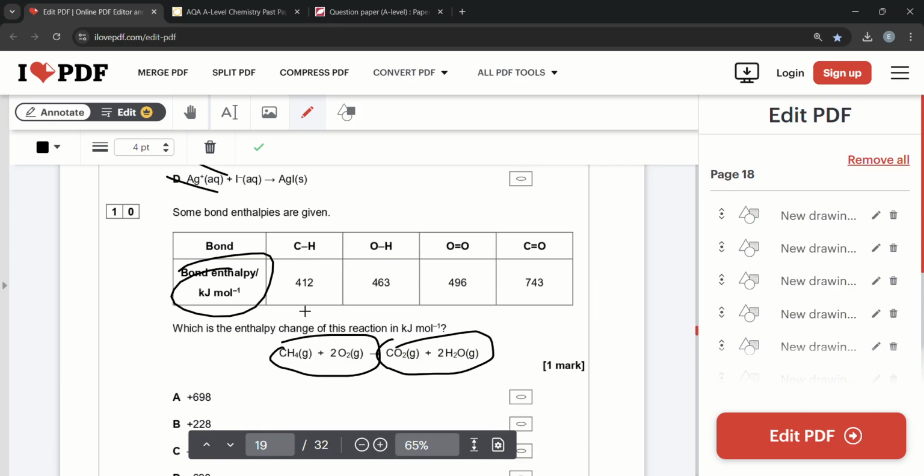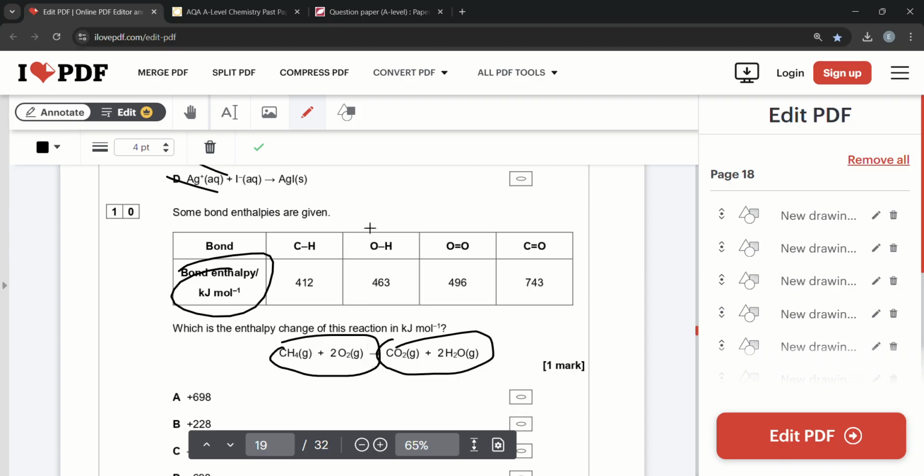All you do is 412 times 4 plus 2 times 496, minus 743 times 2, minus 743 and then times 2 because it's CO2, and then plus 4 OHs, so 4 times 463.